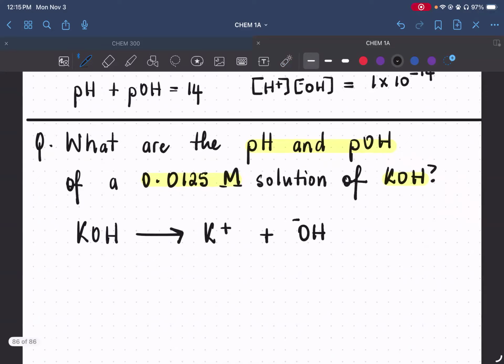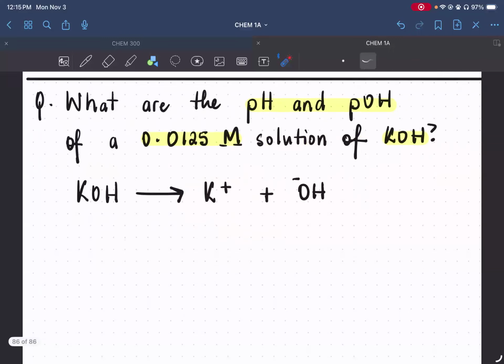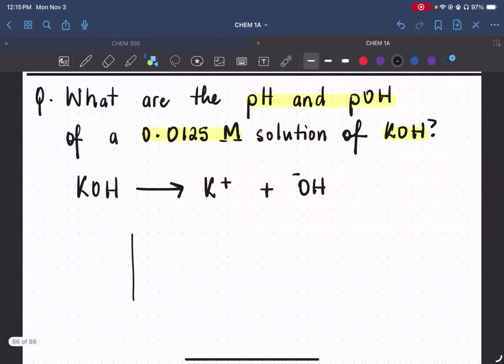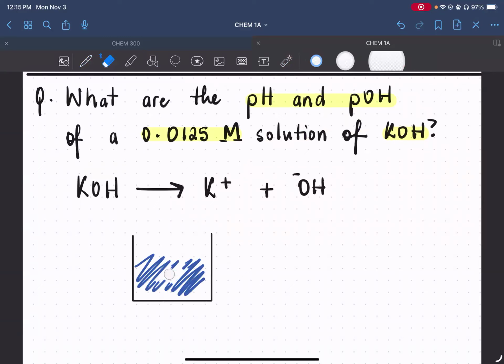Well, remember, what we're really seeing here is that we have effectively a beaker full of KOH, just KOH. And within that same beaker, that KOH does split into its K plus and OH minus.